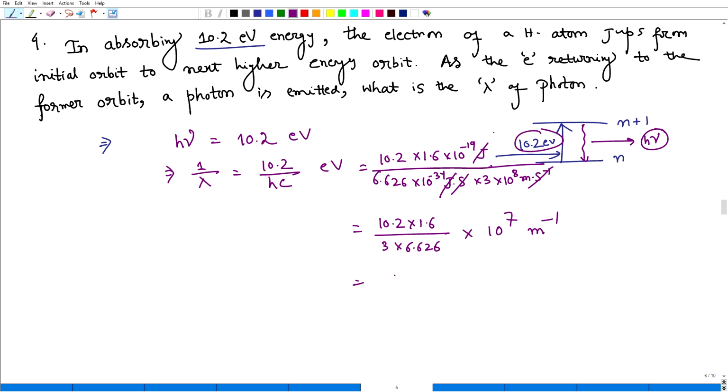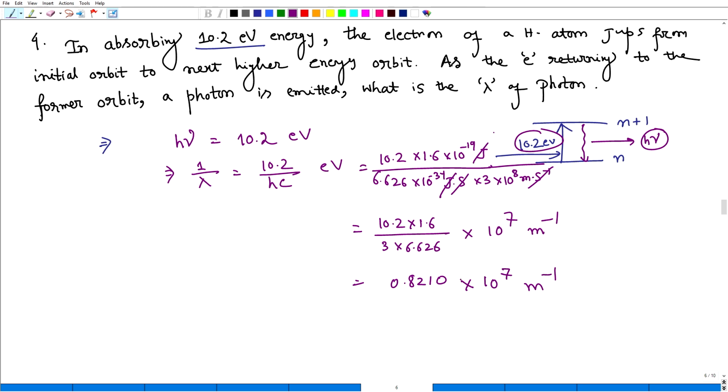It's 0.8210 into 10 to the power 7 meter inverse, if I'm not wrong. Okay, yes, it's correct.